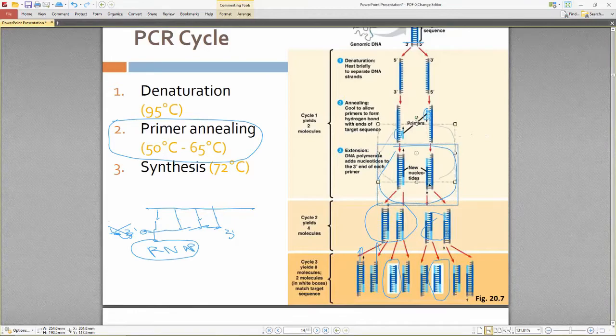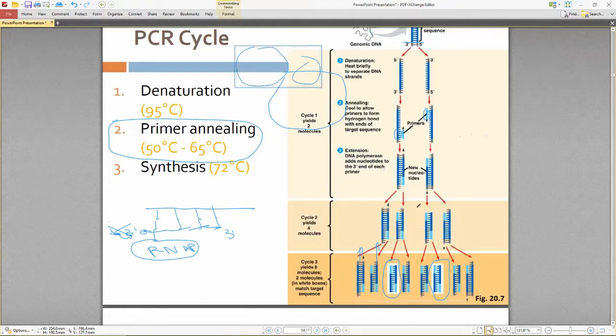Let's say we're replicating the right side strand and DNA polymerase is moving in this direction. Yes, it reaches the end of the chromosome, per se. It reaches the end of its template, so it has no choice but to stop. But what about cycle 1?